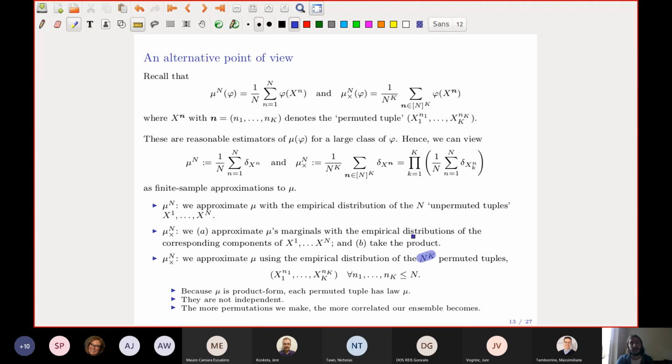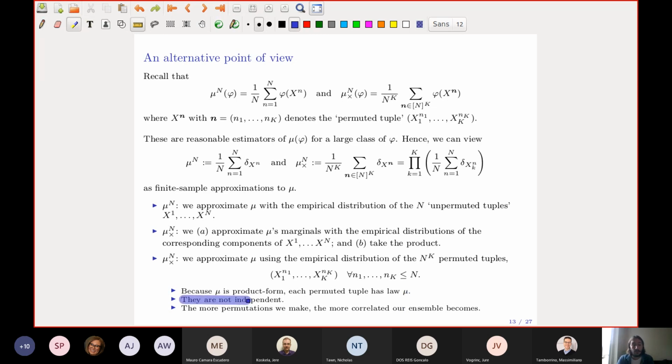And there's n to the k many of these, so we're dividing by 1 over n to the k. And now because mu is product form, almost immediately you're going to see that each of these things has law mu. So what we end up doing is we take the n IID samples we've drawn, and we permute the components, and we form n to the k other samples in total that all have distribution mu, without having to sample mu any further.